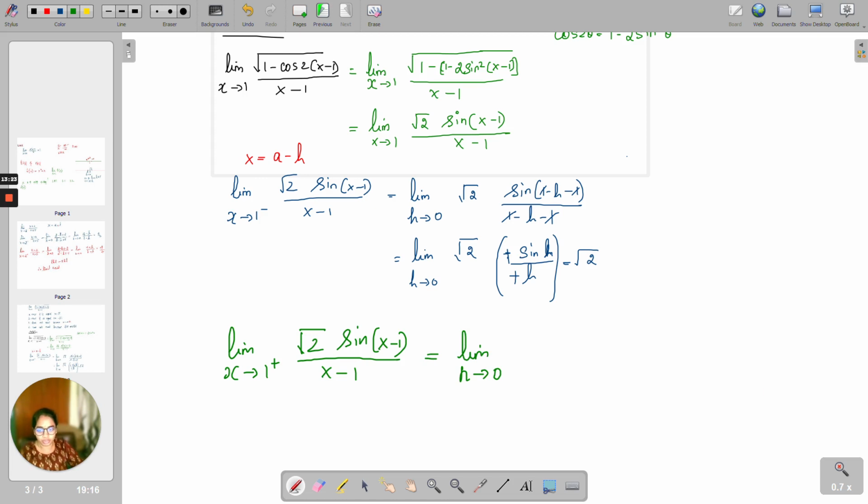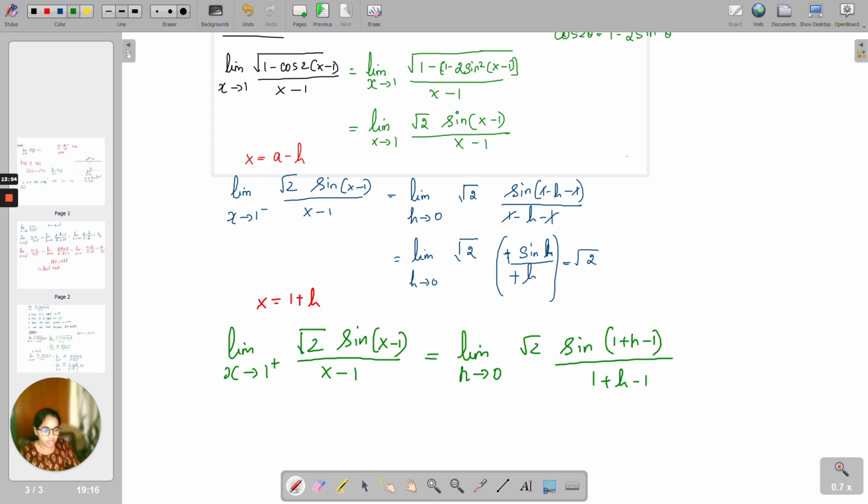So in the place of x, I am replacing a plus h. Yes, what is a over here? 1, right? So I would get 1 plus h. Okay, so I'll write root 2 as it is. Yes, so in the place of x, I am replacing 1 plus h minus 1 divided by 1 plus h minus 1.